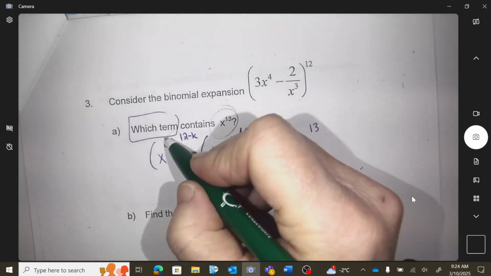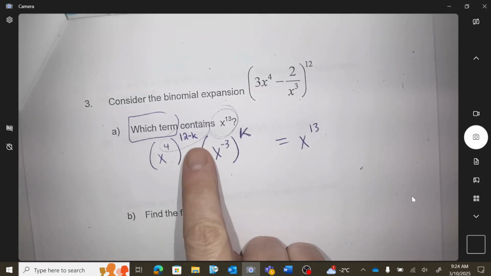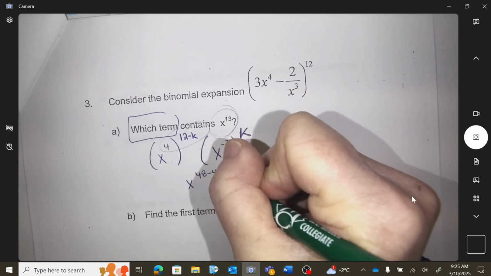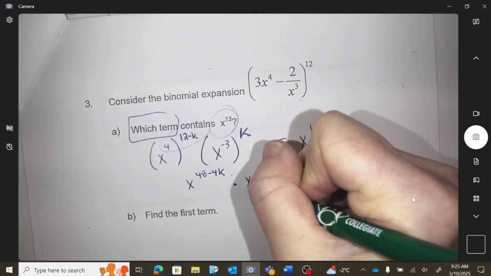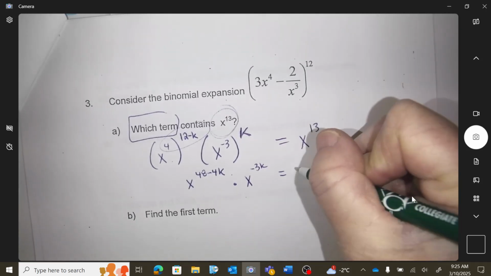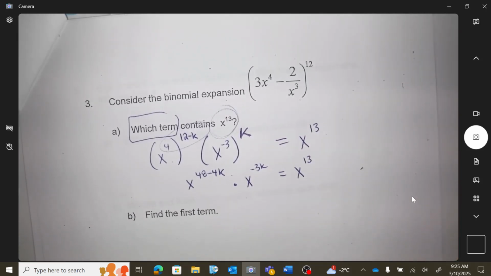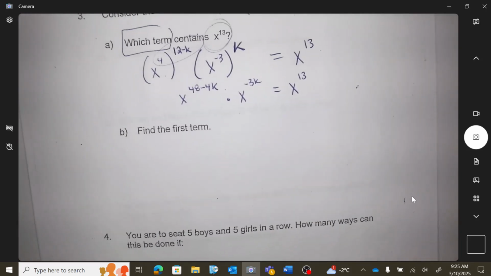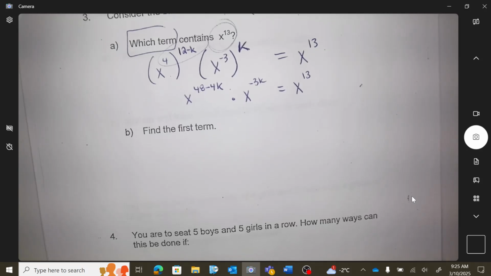Okay, so now math: exponent to an exponent, multiply. Okay, now we have to add the exponents, right?